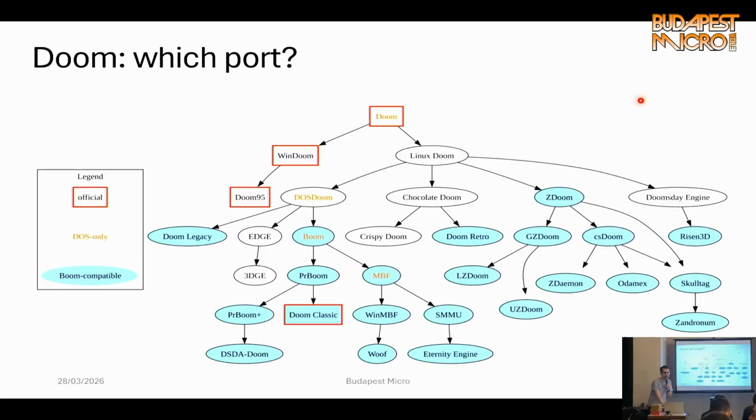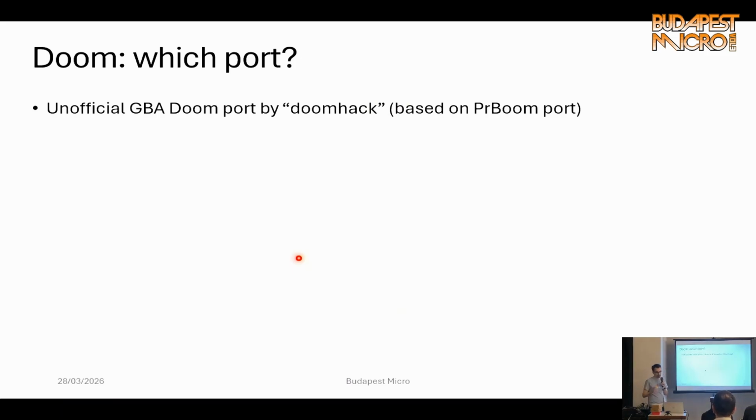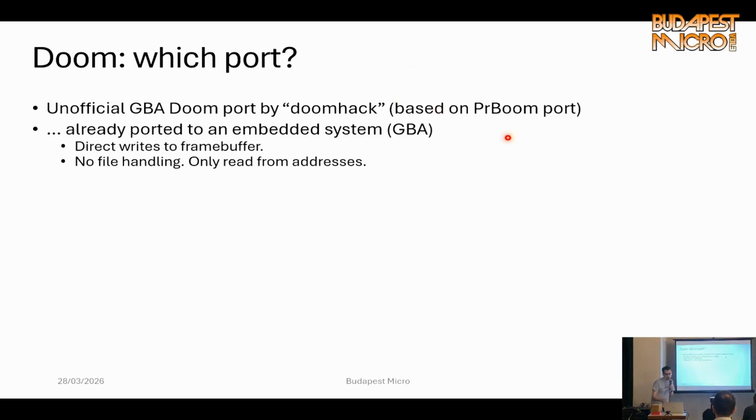And you can see that there are a lot of source ports for Doom, however, I have chosen basically a derivative work of PrBoom, which is the port to the GBA, the Game Boy Advance, and it was done by Doom Hack. And it's based on the PrBoom port. And why?